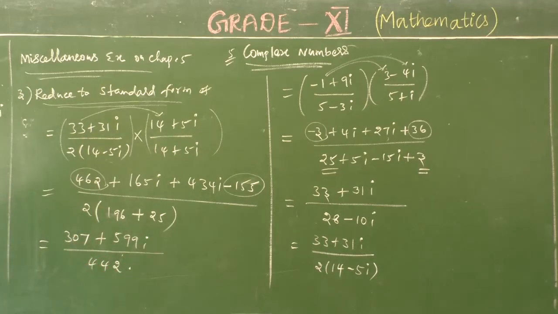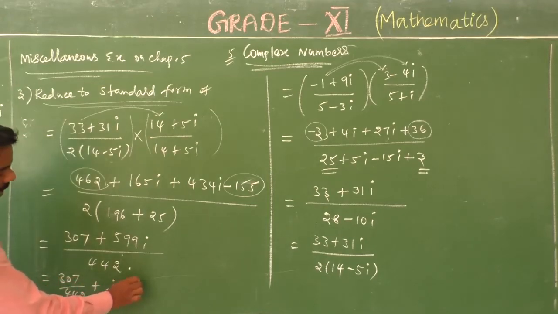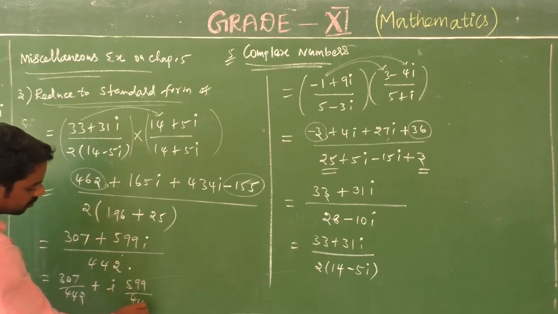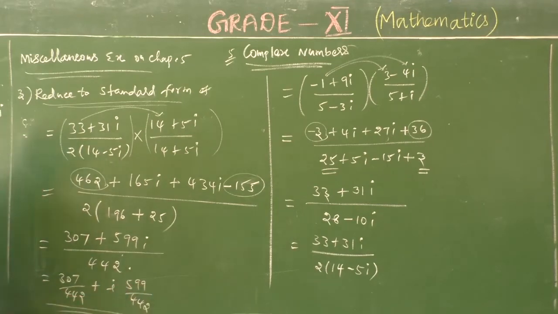So 307 divided by 442 plus i into 599 divided by 442. This is the standard form of the required complex number. This is the required answer.